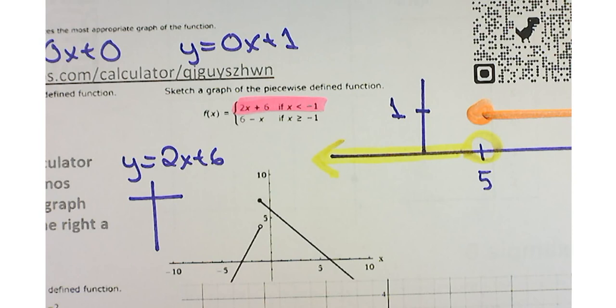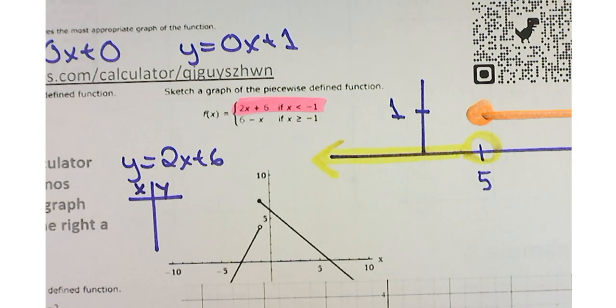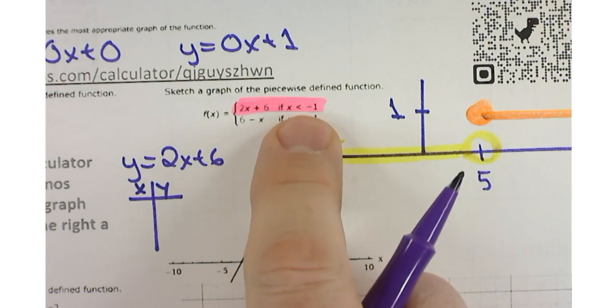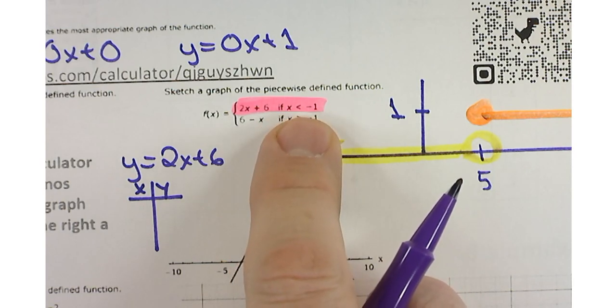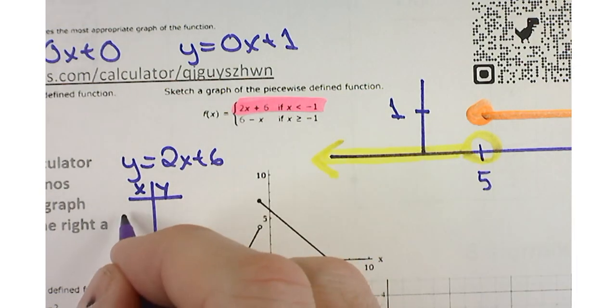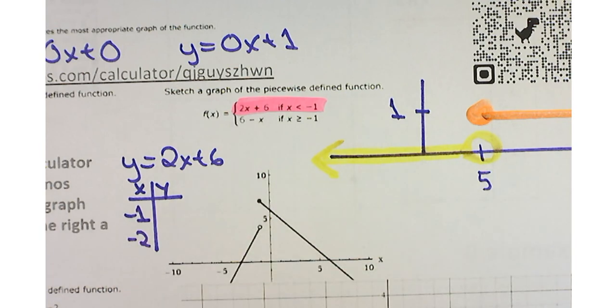You know, that's fine. What I would suggest, if you had to graph these for yourself, is you plug in a couple of values. Now, the values we have to plug in correspond to this part of the function. So, less than -1. We're going to cheat a little bit. We're actually going to plug in -1. We'll also plug in -2.